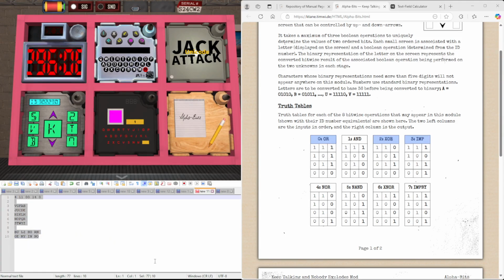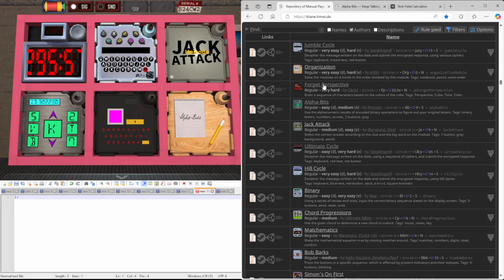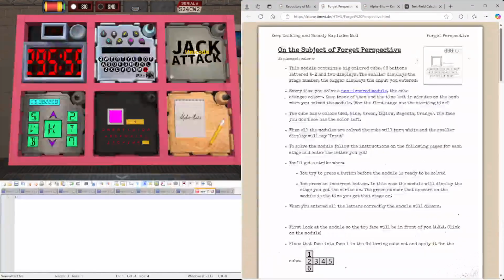Before we do that, because we need to note down stages. Stage 1. The first stage is starting time, so it's 300.